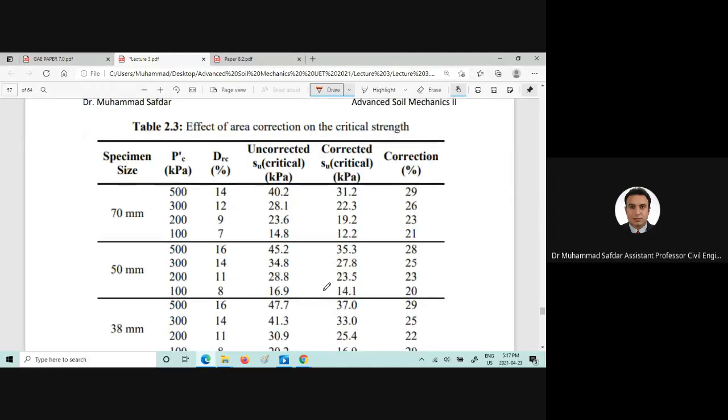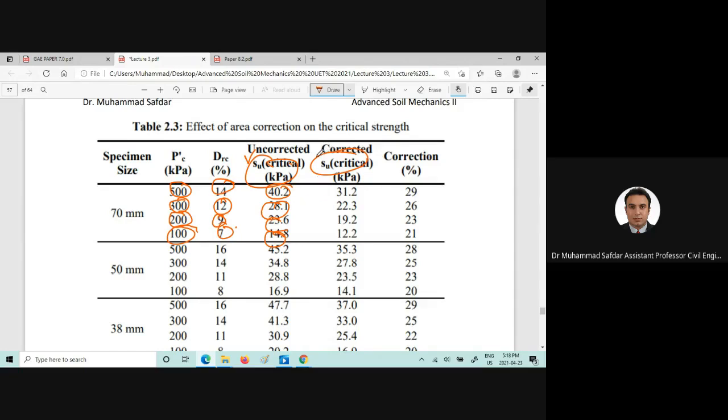You can find out, with various confining pressures and various relative densities, various Su critical, or the undrained shear strength at critical state, or the corrected undrained shear strength at the critical state.